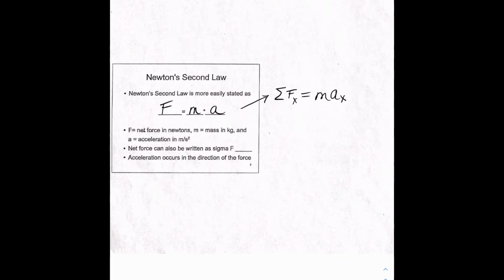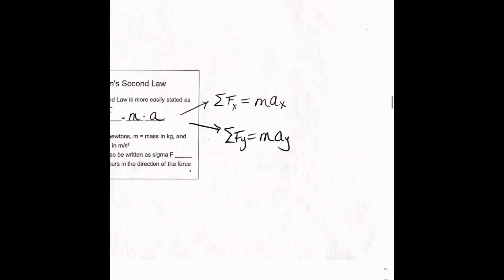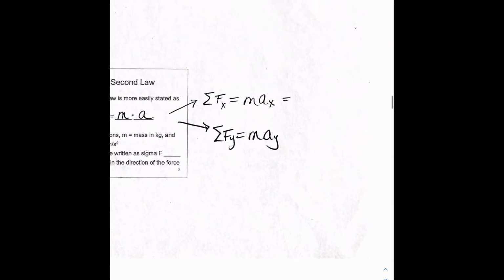But understanding here that Newton's second law can be written as the sum of the forces, and that sigma F is the net force. So this can be considered F net in the x direction or F net in the y direction.